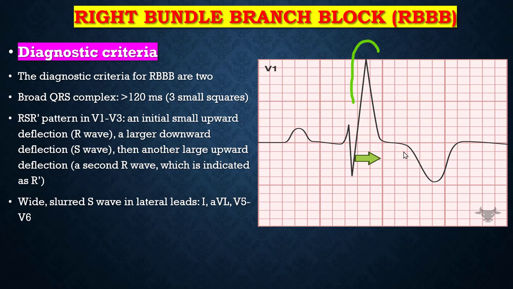This type of graph is seen in right bundle branch block where two R waves are present.